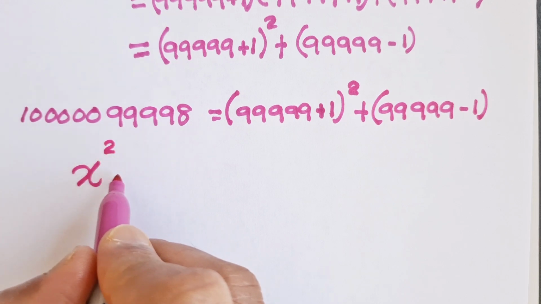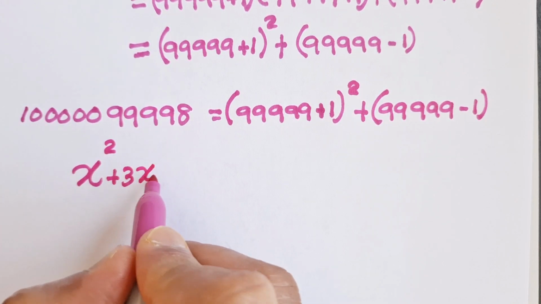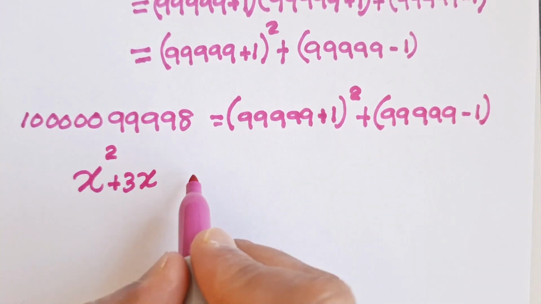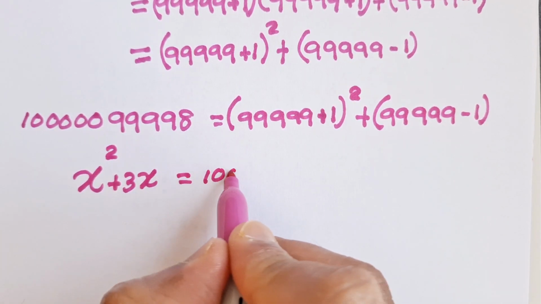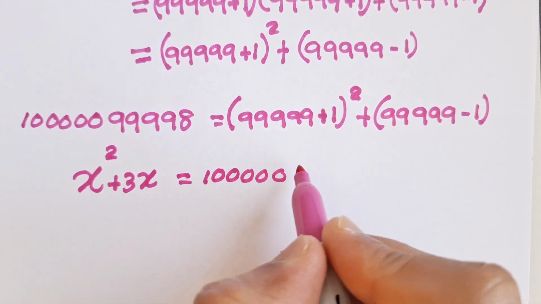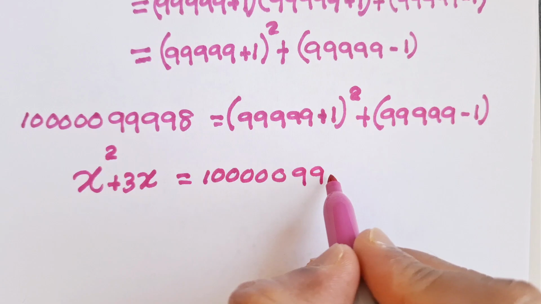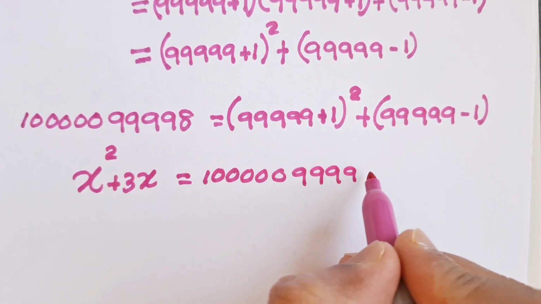So our original equation is x to the power of 2 plus 3 times x is equivalent to 150,099,998.